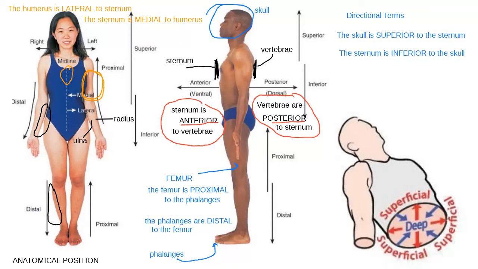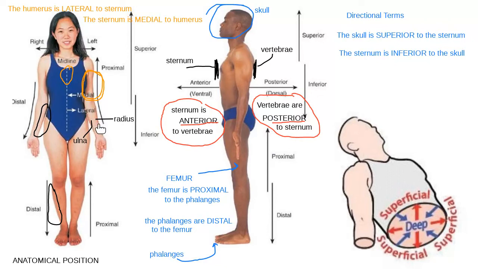When you're in anatomical position, the most awkward thing about it is that the palms of your hands are facing forward. You stand up straight. Your feet are facing forward as well. It's really important that the palms and the feet be facing forward because we have two bones in the forearm.